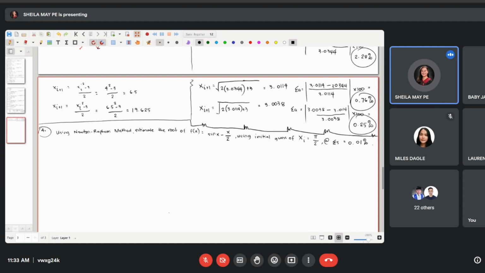So what do we do first in Newton-Raphson? Let's have first the formula for our Newton-Raphson. What's the formula of our Newton-Raphson?